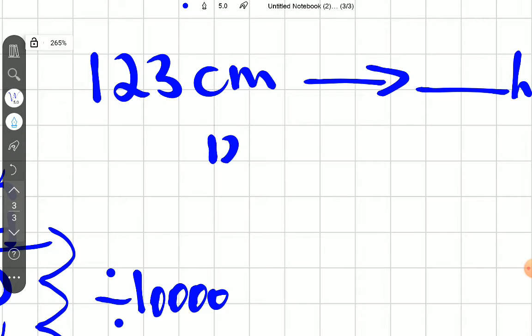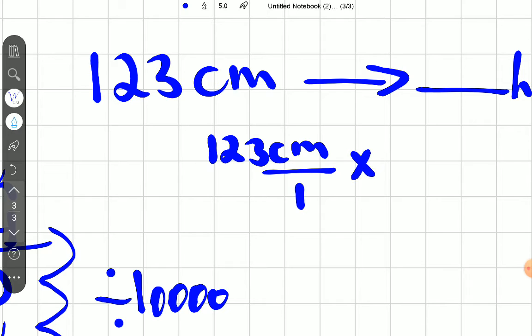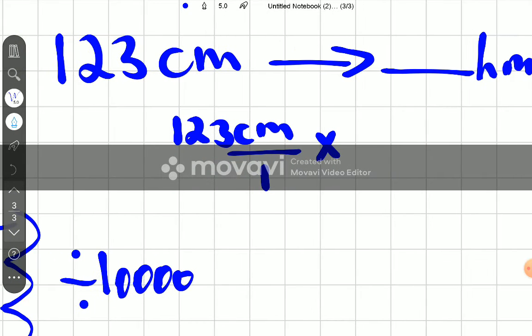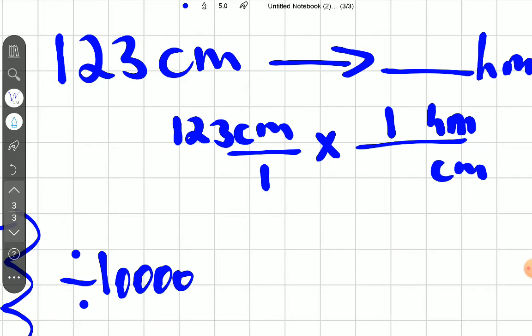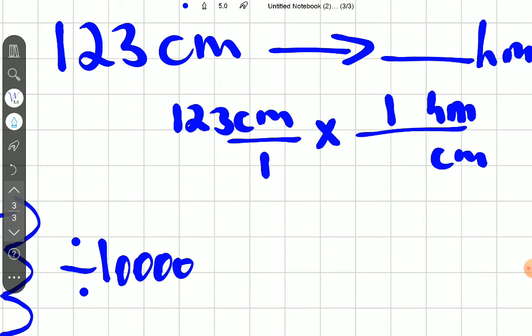Okay, so 123 centimeters over 1, and you're going to multiply by, okay, so we want centimeters on the bottom, sorry, and hectometers on the top, and hectometer is larger, so 1, and then we just said that in 1 hectometer there's 10,000 centimeters.